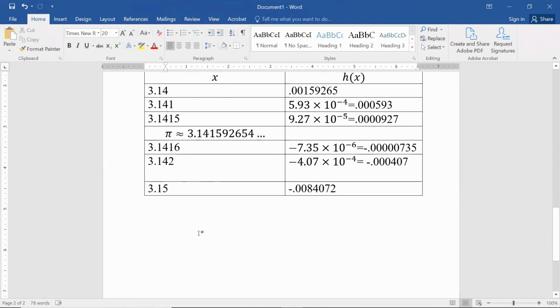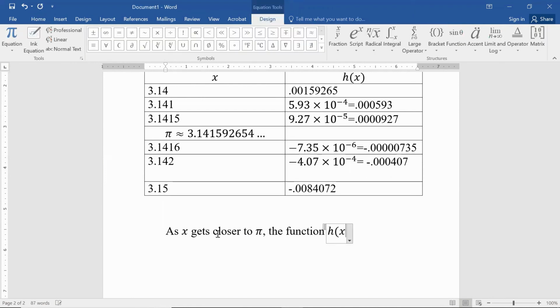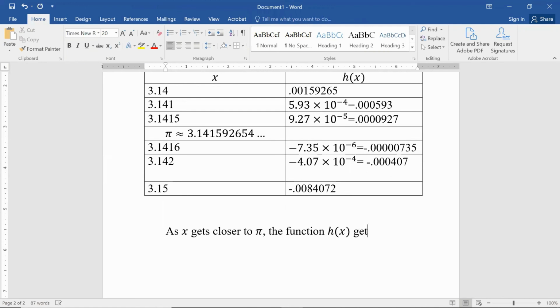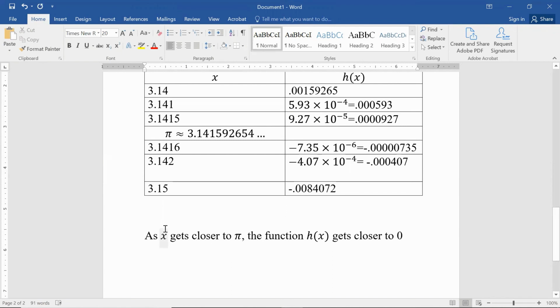So it looks like as x gets closer to pi, the function's output h of x gets closer to 0. All right, so that's the idea. So as x gets closer to pi, h of x gets closer to 0.